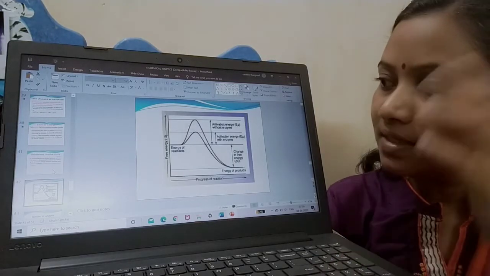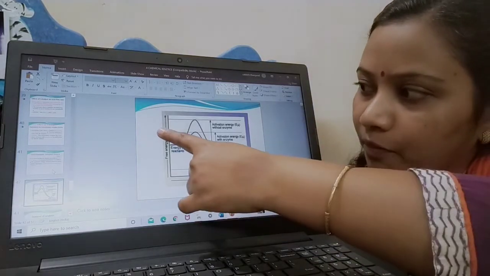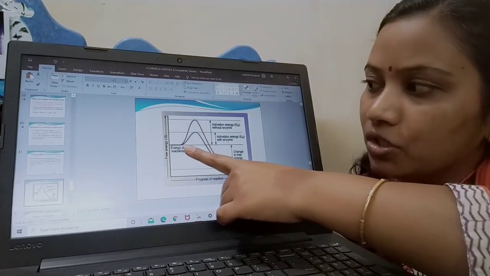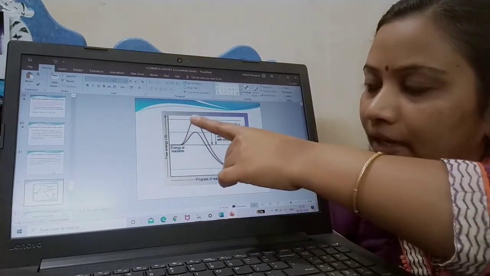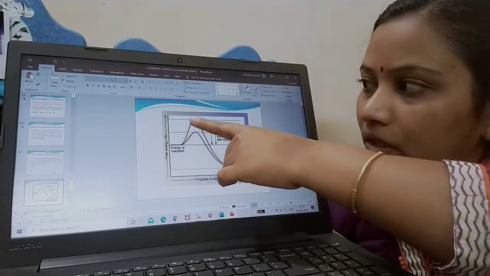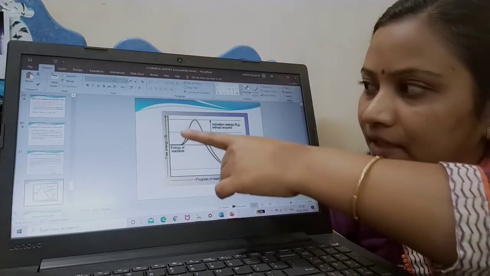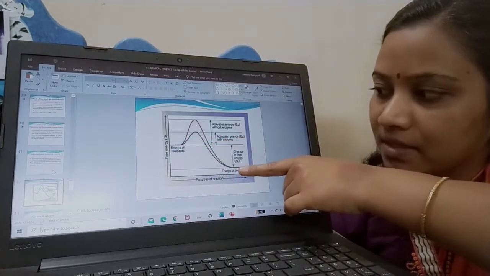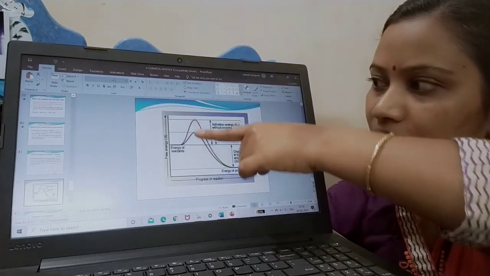Now, see, this is a curve where we have plotted free energy against the progress of reaction. The energy of the reactants increases as the progress of the reaction increases. It attains a peak, and finally it gives out the product. So, this is the reactant and this is the product. This is the progress of the reaction.